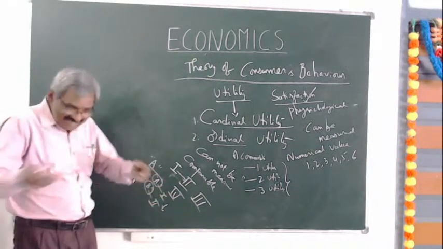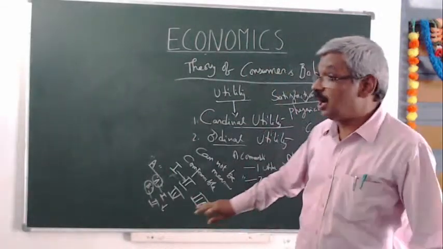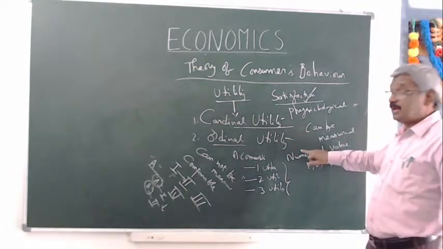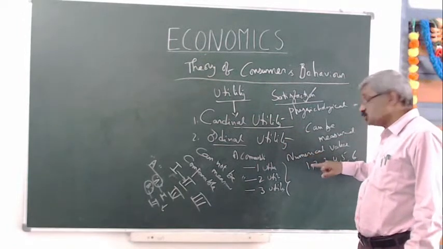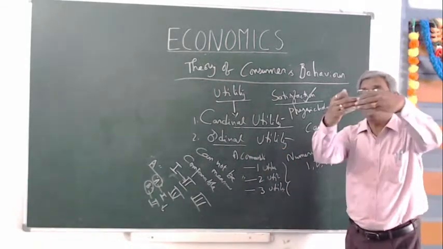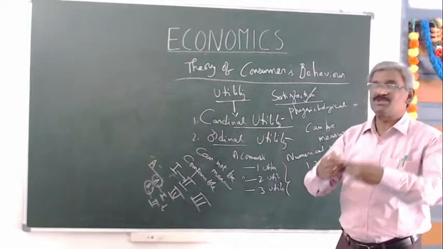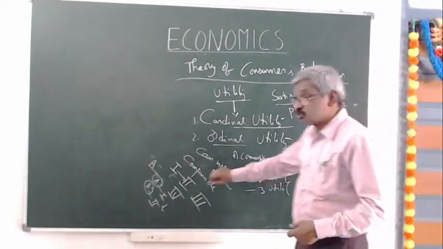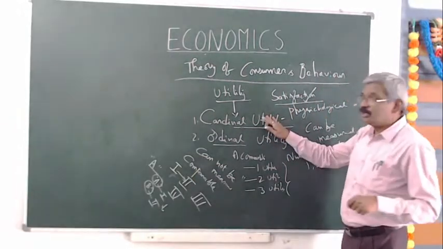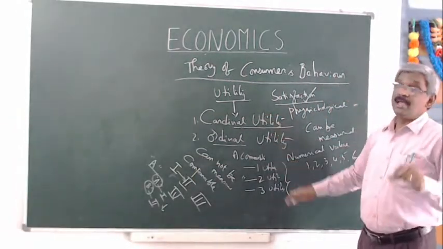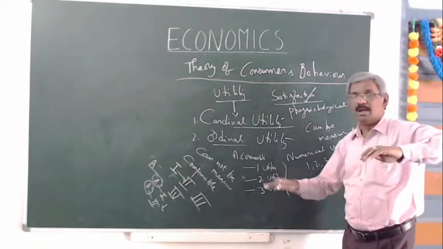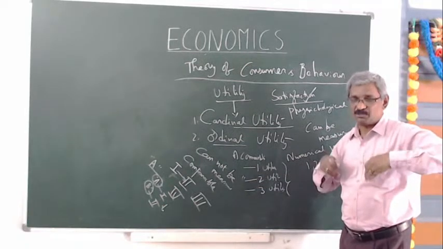That is comparable. Utility is measured by the mathematical approach, with numerical values 1, 2, 3, 4, but here one commodity and its satisfaction is compared to another. That is called ordinal utility. So there are cardinal utility and ordinal utility, and by either we can measure our satisfaction.